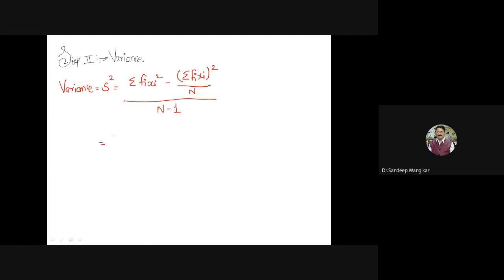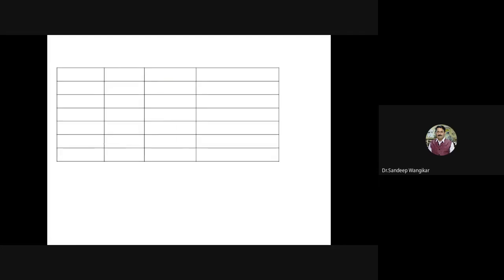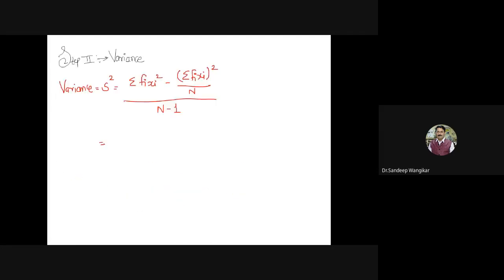Summation fi xi square, our value from the table, is 9934800, minus summation fi xi, 31480, bracket square, divided by n, which is 100, and the total is divided by n minus 1, so 100 minus 1.